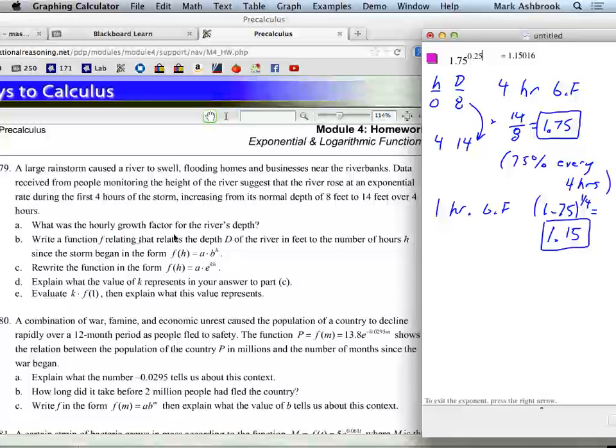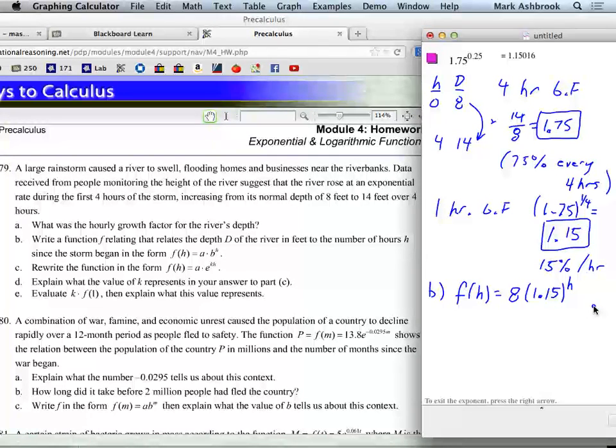So that was part A. The hourly growth factor is 1.15, which means an increase of 15% per hour. So 15% per hour is our hourly percent increase. Now we can write the function f, this is part B, as a function of h: the initial value of depth, 8 at h equals 0, times the 1-hour growth factor to the h.